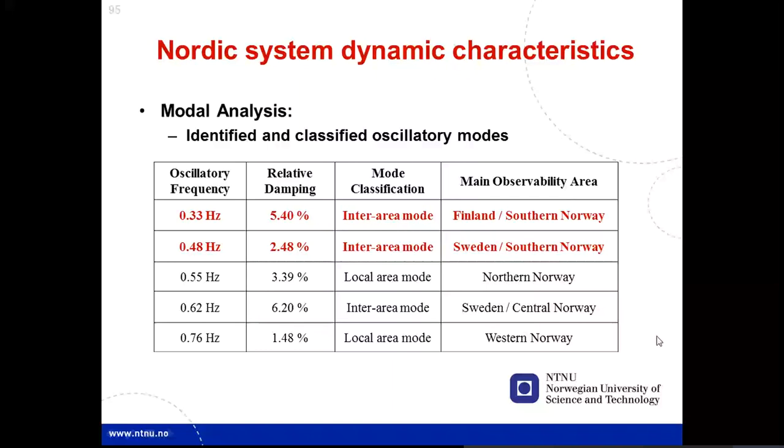This mode appears in North Norway only. This mode is between the generators in Sweden and the central part of Norway. This mode, with a much poorer damping factor, is a local mode and appears among the generators on the western side of Norway. So across the Nordic grid, we have several modes present here.